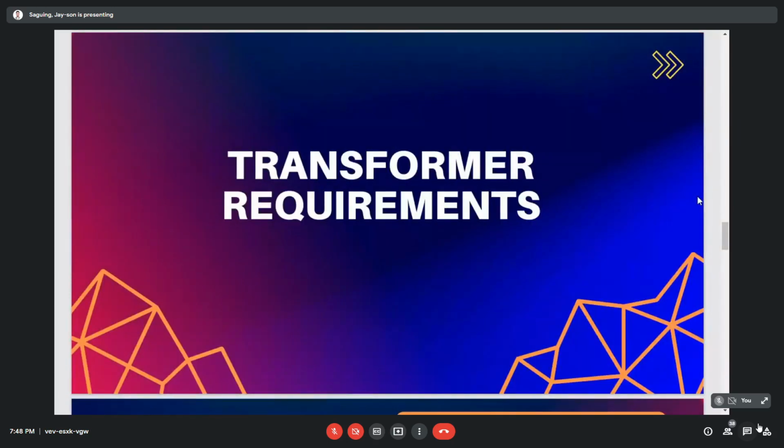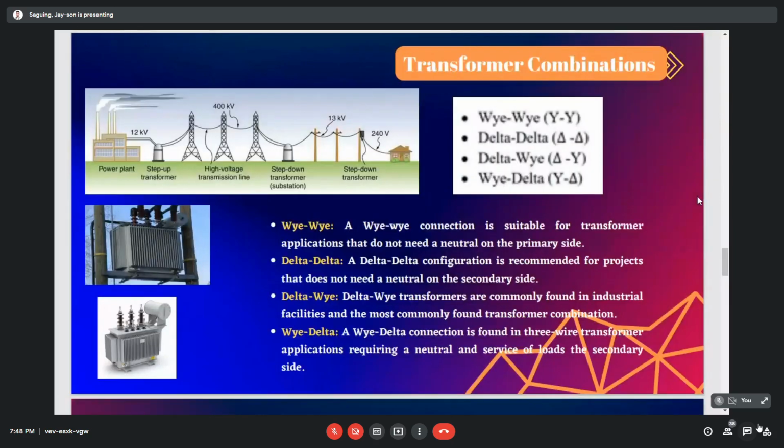Transformer requirements. A transformer is a piece of static electrical equipment which transforms electrical energy to magnetic energy and again to electrical energy.